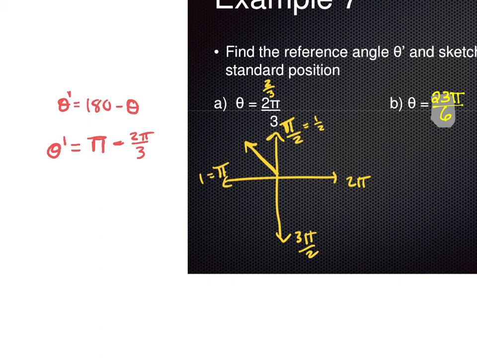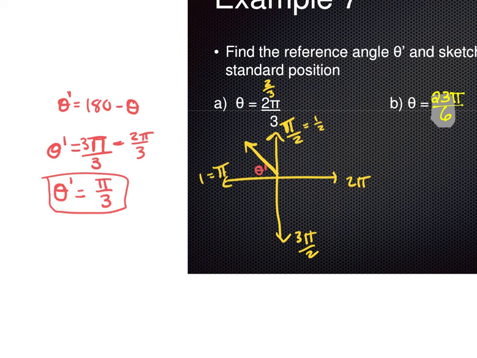So we subtract. What's the first thing we need to do to subtract these? Find a common denominator. So we can multiply the top and the bottom here by 3. And then we just subtract. So what's 3 pi minus 2 pi? Just pi over 3. So this angle here is our reference angle.